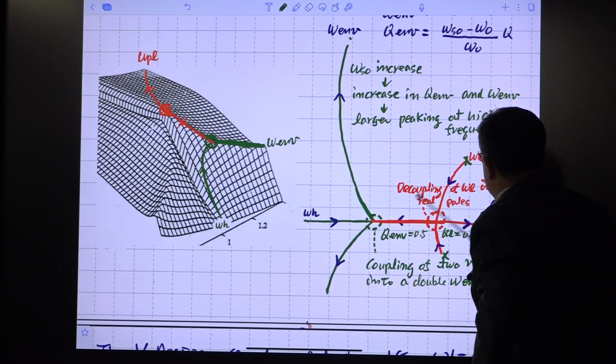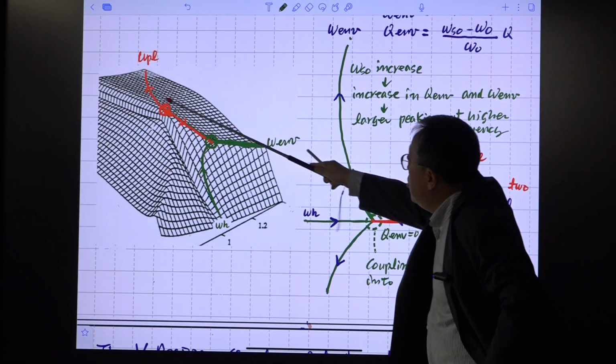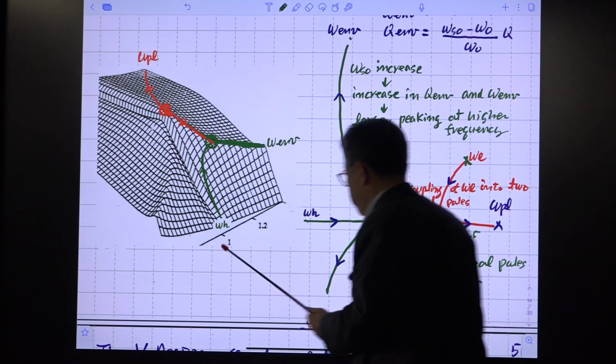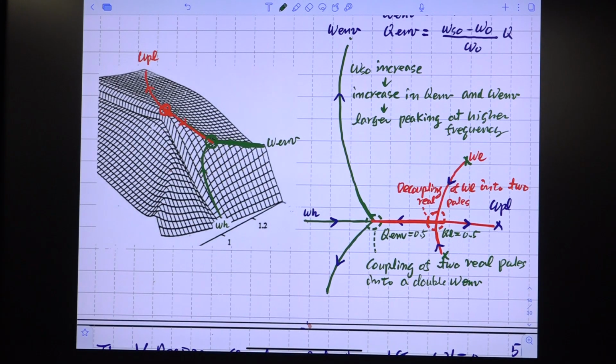And omega PL, this pole goes to low frequency, omega PL here. Okay, so this should be the end frequency. So I should use square, right? That's right.